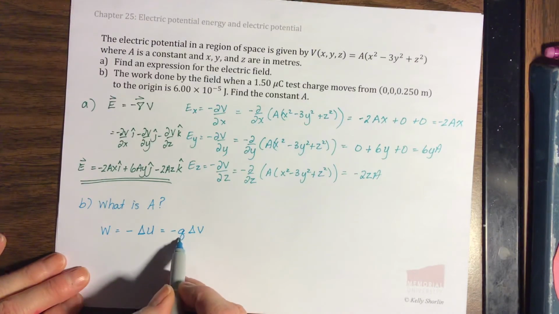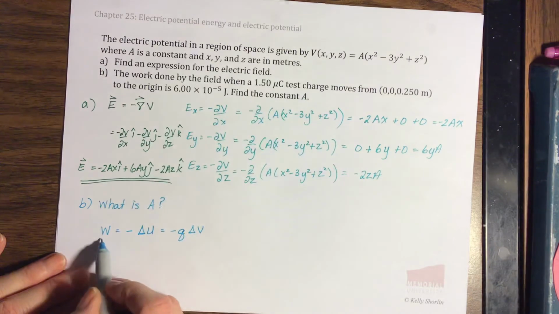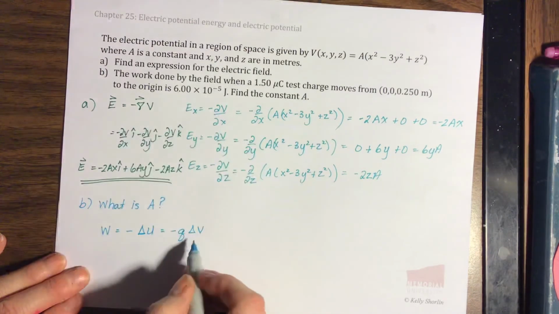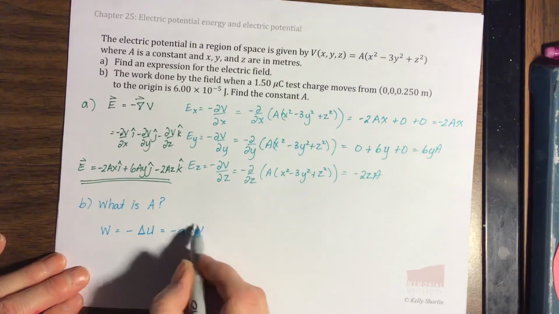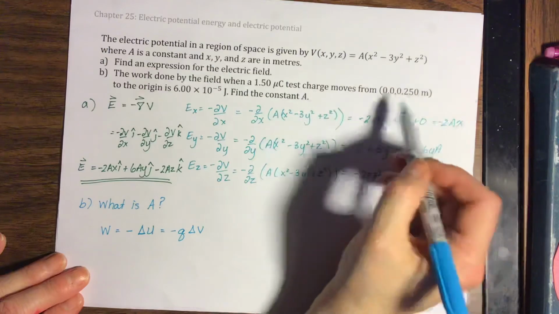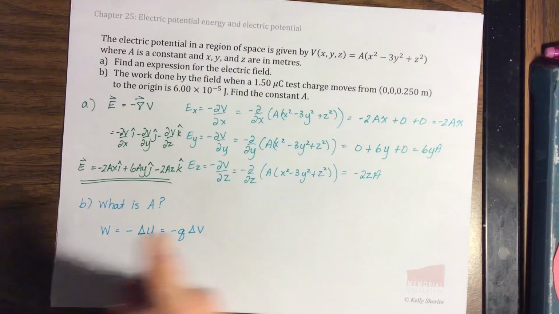So we know what we're going to fill in for Q, 1.5 times 10 to the minus 6. We know what we're going to fill in for work, 6 times 10 to the minus 5. The last bit of the puzzle we need is what are we going to fill in for delta V? Well, we know our V function. We can fill in our initial and final positions, and that'll give us our initial and final potentials, and we can solve for our delta V.